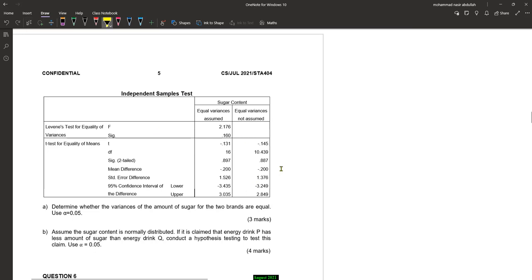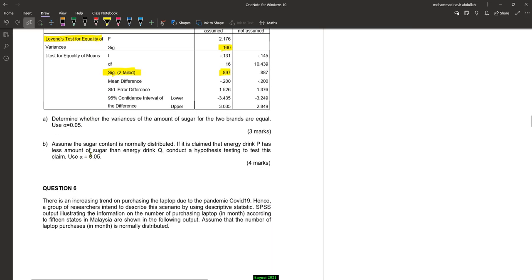If you look at the p-value for Levene's test, it is not significant, more than 0.05, which indicates that the variances are equal. And if you look at the p-value for the t-test, it is more than 0.05, meaning there is no difference between energy drinks P and Q. So we just get some idea from them.